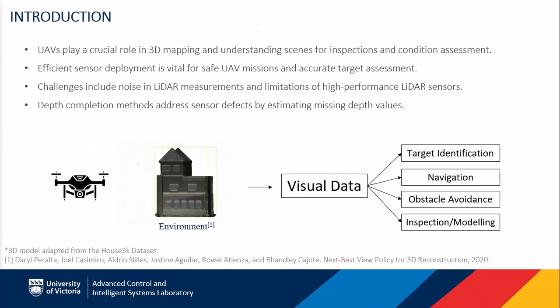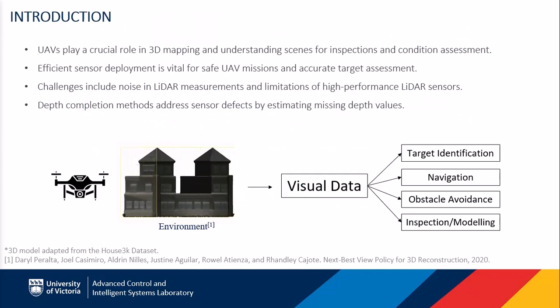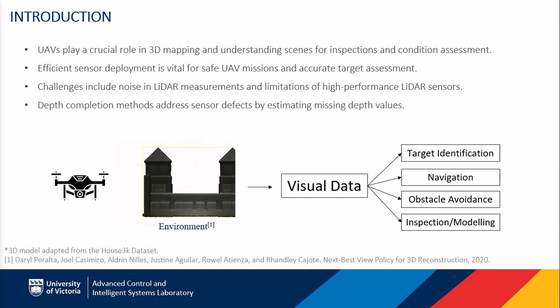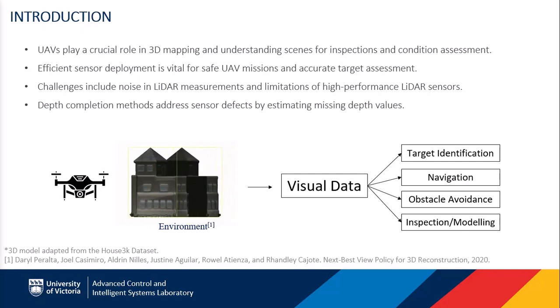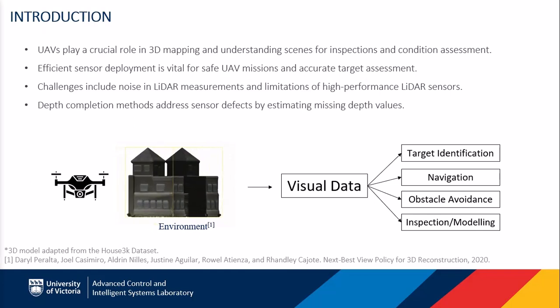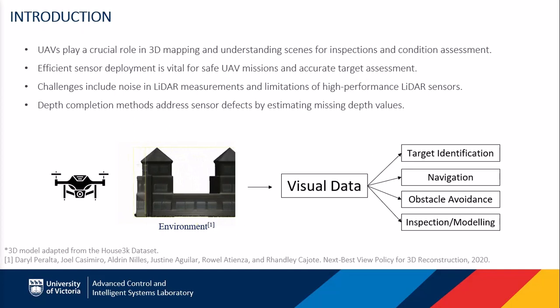We know that 3D mapping and understanding of scenes are crucial tasks for uncrewed aerial vehicles that are responsible for large-scale inspections and condition assessments. While visually inspecting a target such as infrastructure for monitoring or 3D modeling purposes, it is crucial for the UAV to efficiently deploy its onboard sensors to acquire information from its surroundings to ensure a safe, collision-free travel while satisfying the mission objectives.